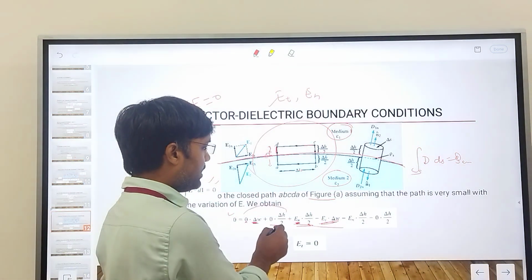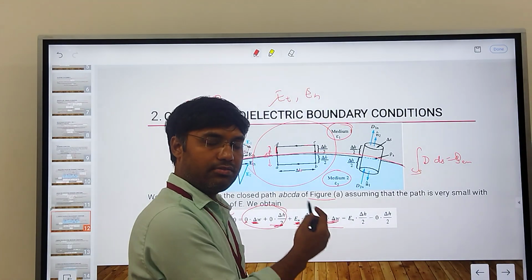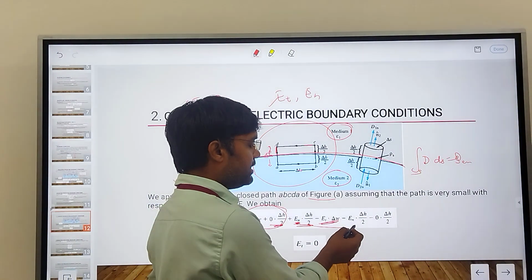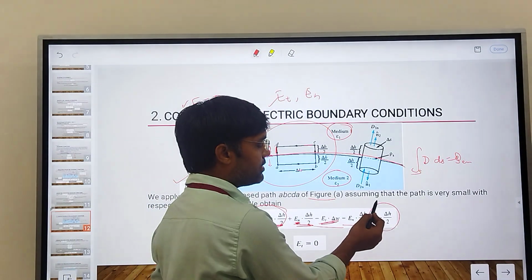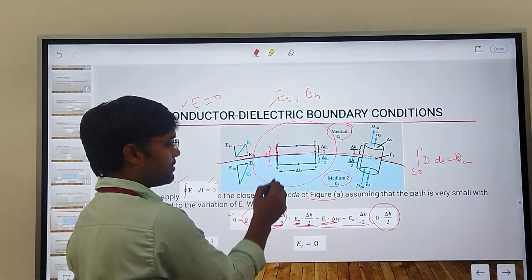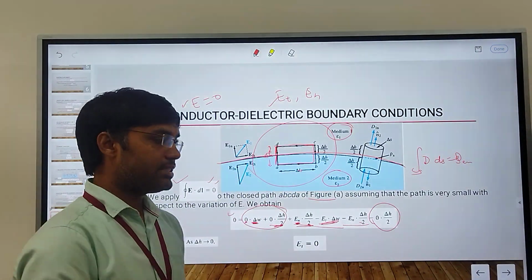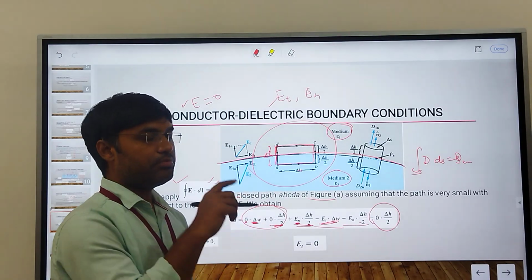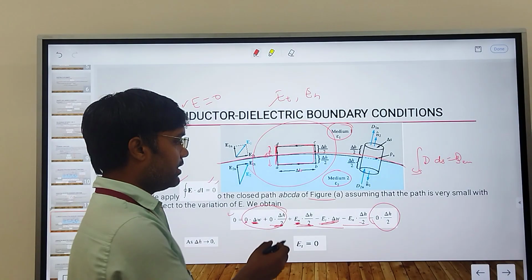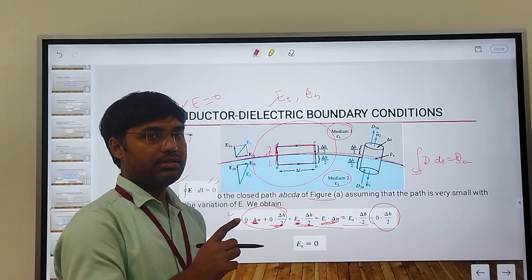So these elements will be 0 in the case of a conductor, but in the case of a dielectric there would be electric field intensity, which is decomposed into normal and tangential components, minus En into delta H by 2, and this is the last case where we get this point, E into delta H by 2. So there are a total of 6 expressions, 1, 2, 3, 4, 5 and 6. By joining all 6 expressions by their direction, the forward direction is taken as positive and the reverse direction is taken as negative. So negative is considered for the opposite direction and positive for the same direction.